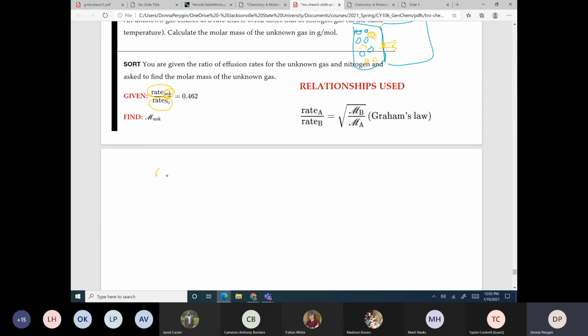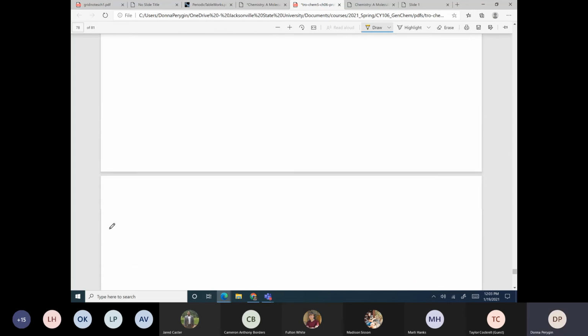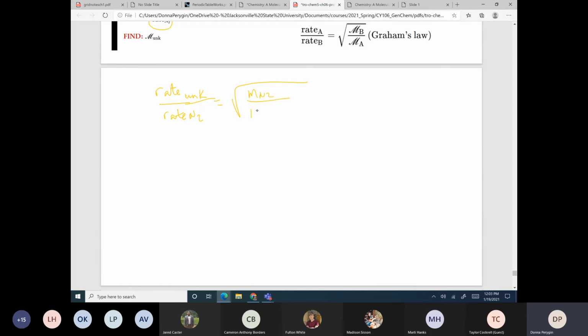So what we could say is the rate of the unknown divided by the rate of N2 is equal to the square root of the molar mass of N2 divided by the molar mass of the unknown, in grams per mole. So we want to know the molar mass of the unknown. So how do we do that?